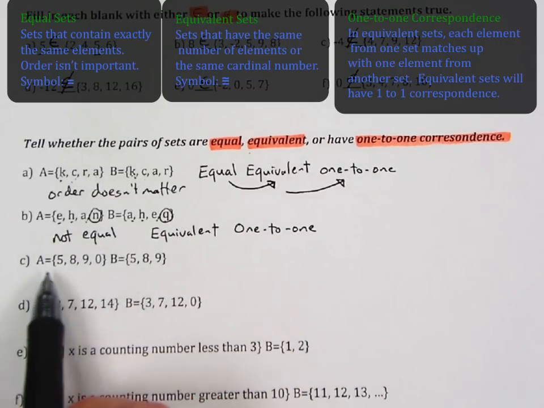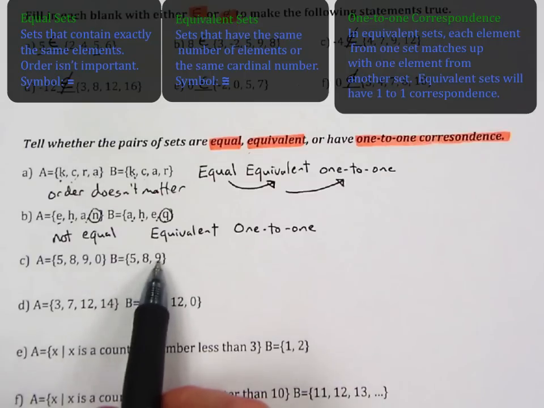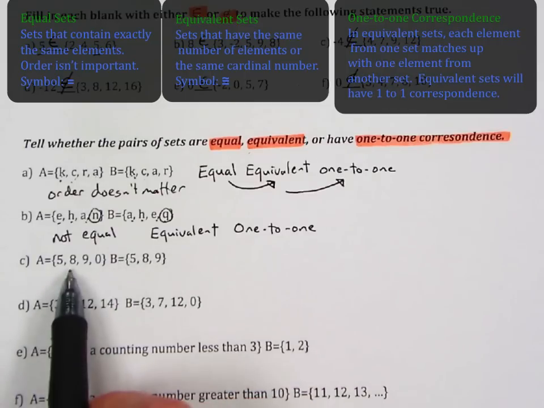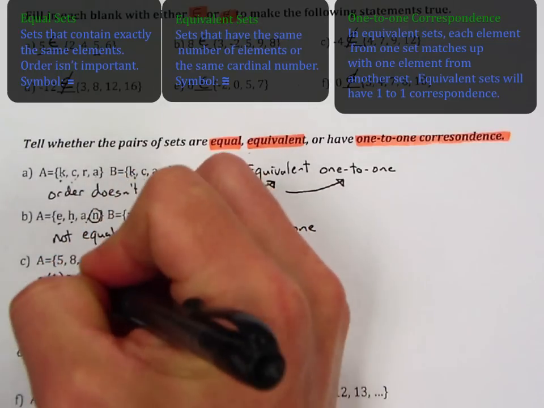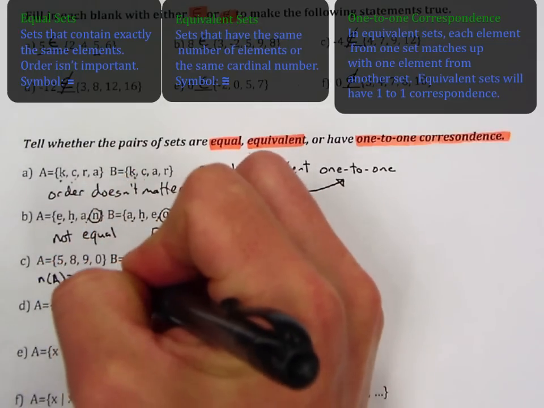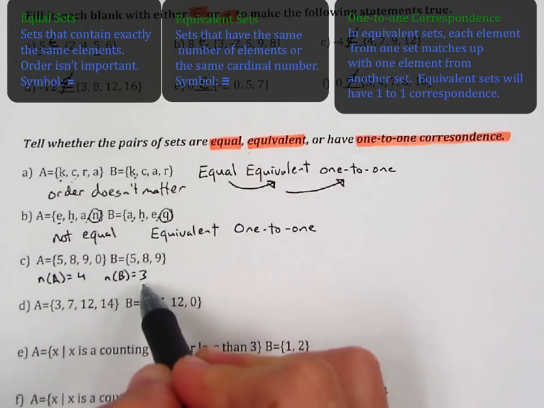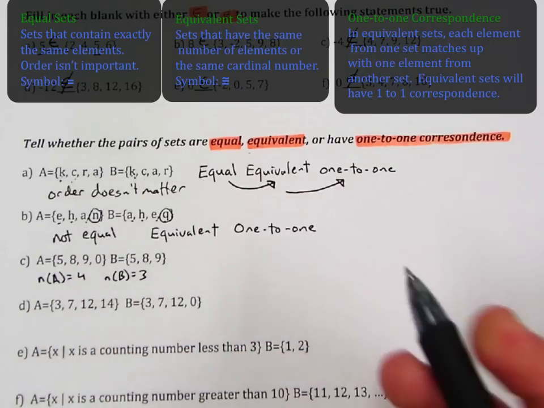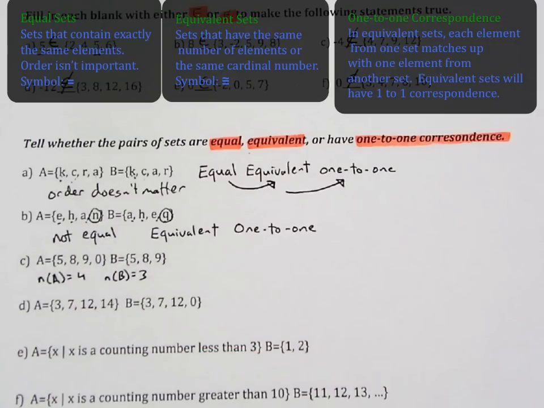In our next example, here we have 5, 8, 9, and 0. Here we have 5, 8, and 9. So in our first one, the number of elements in set A is 4, and the number of elements in set B is 3. When the cardinal numbers don't match up, they are not equivalent, and they cannot be equal.